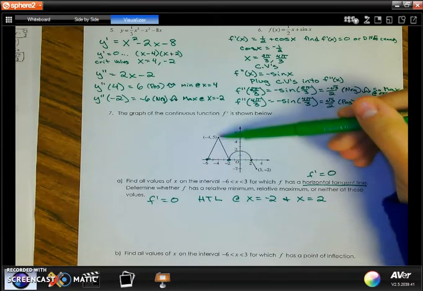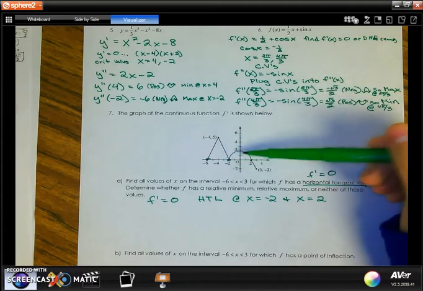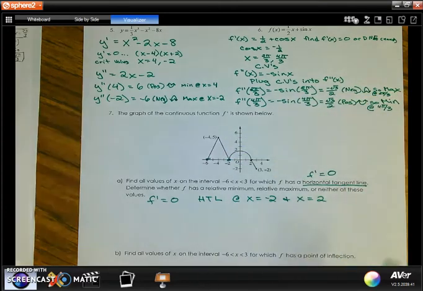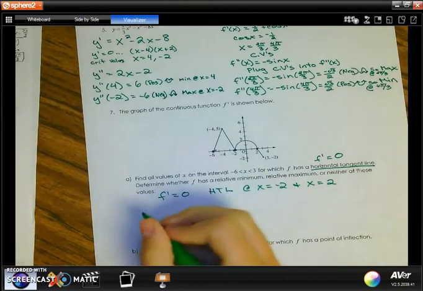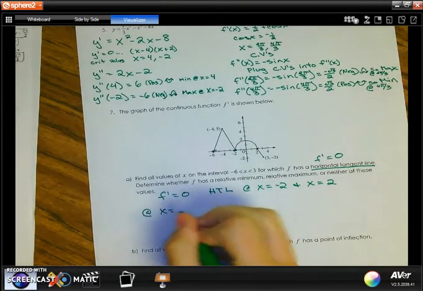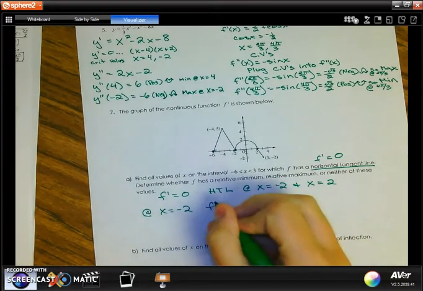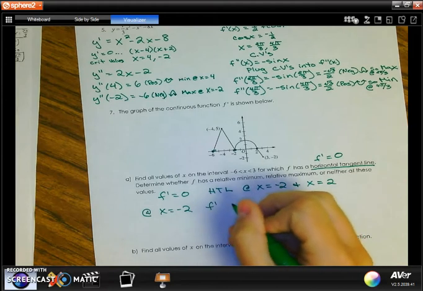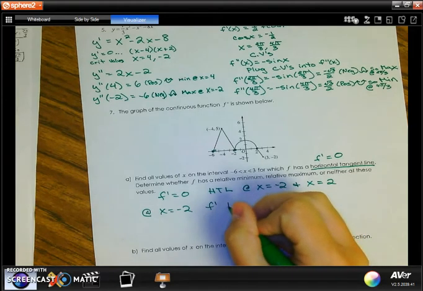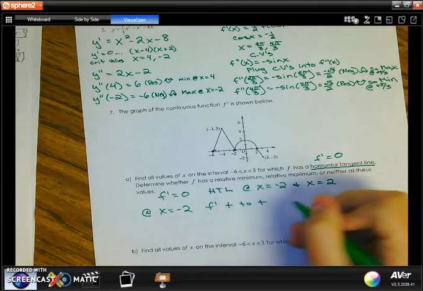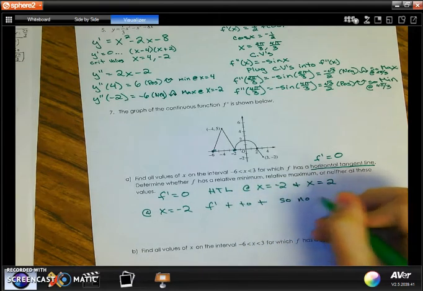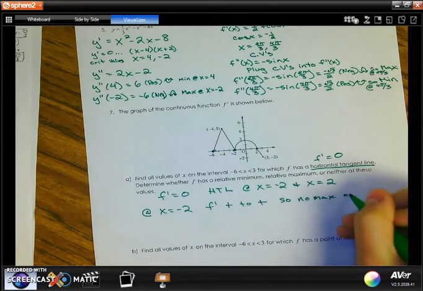If you look at -2, your derivative is positive and then positive. So there's no relative max or min at -2. I'll just say at x equals -2, the derivative goes from positive to positive. So no max or min.